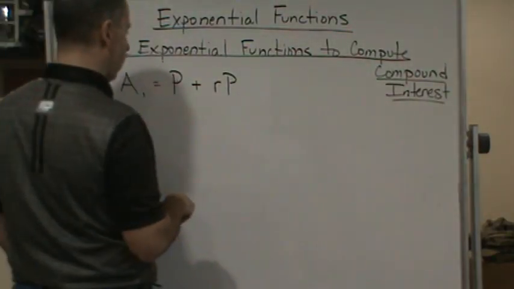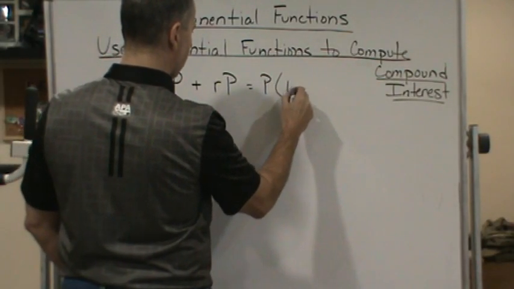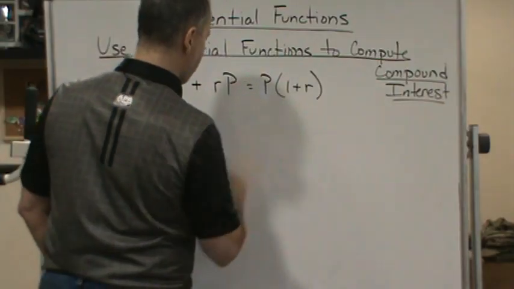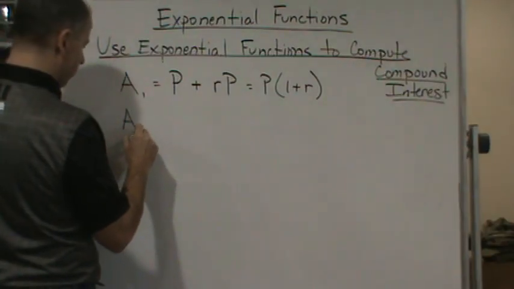Okay? So in this case, this becomes P times 1 plus R. Now, what about at the end of year two?